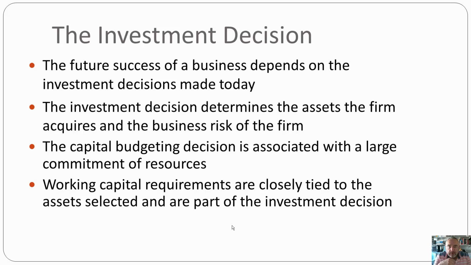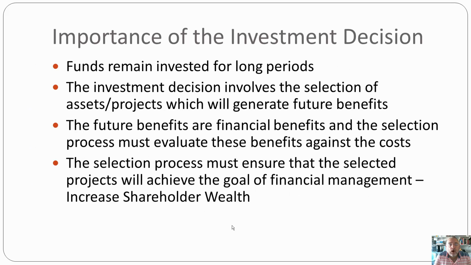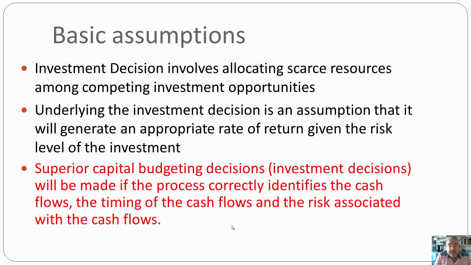All right, so that's basically where we're going. I don't need to read through these slides. Basically, the investment decision is important, right? In making a decision to invest, you need to weigh the benefits that you're going to get out of it against the costs. And we know that net present value does that, right? We're incorporating the cash outflows, we're incorporating the cash inflows, and we're coming up with a net present value that says, does this project add to the value of the business?